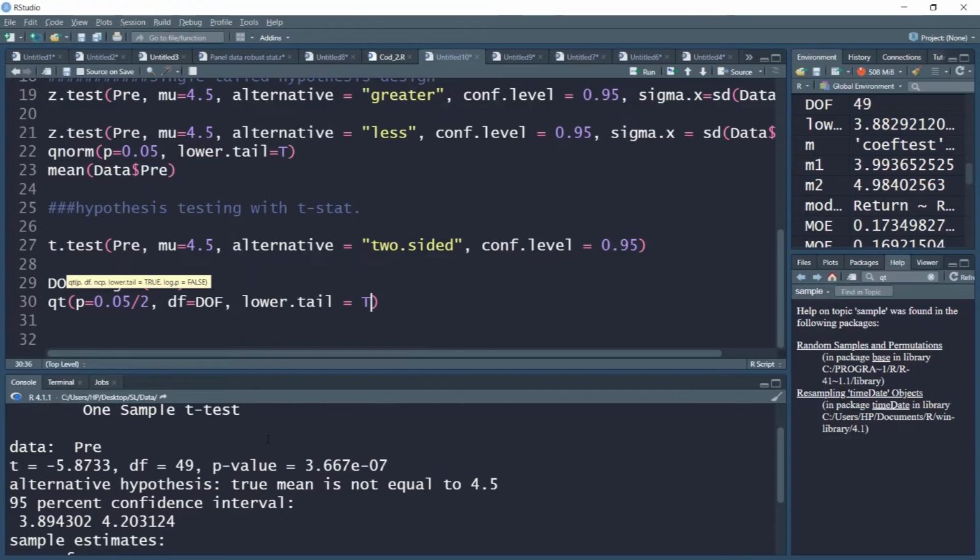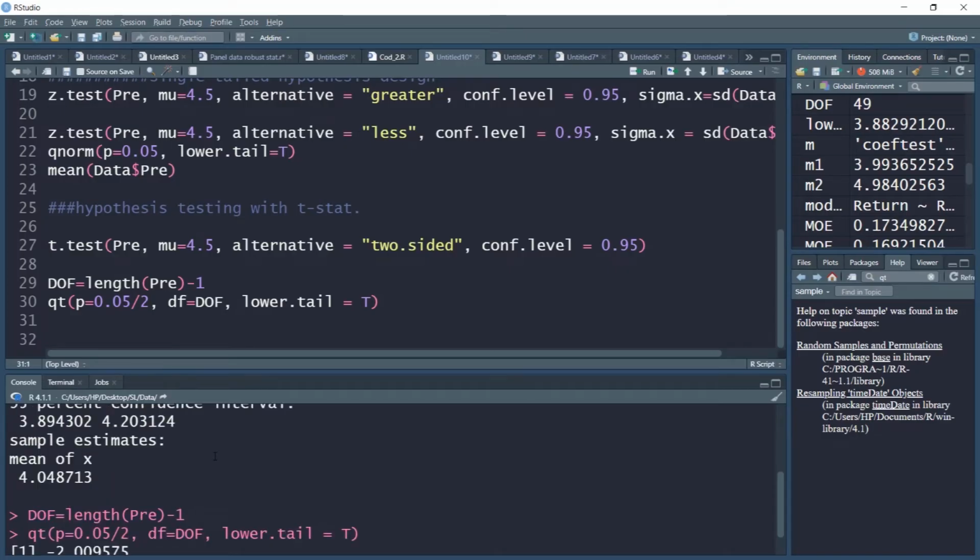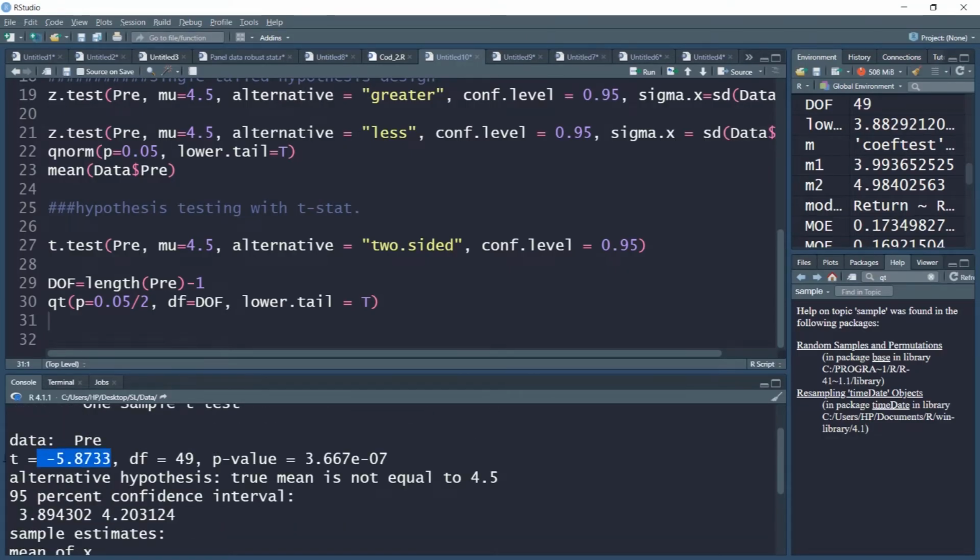As we discussed earlier, the t value appears to be negative, and therefore it seems it is more appropriate if we examine the t values on the lower side. That is, we examine the critical values on the lower side. So we generate this critical value, which is minus 2.00, as compared to our t value from this test, which is minus 5.8733. It appears to be quite small, and therefore we can safely reject the hypothesis that population mean is 4.5.